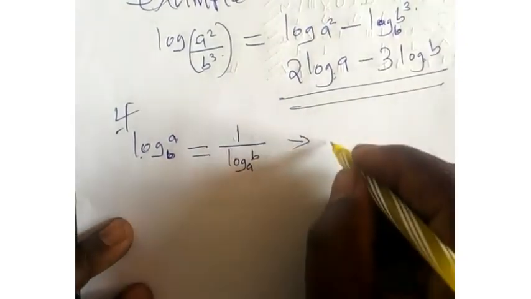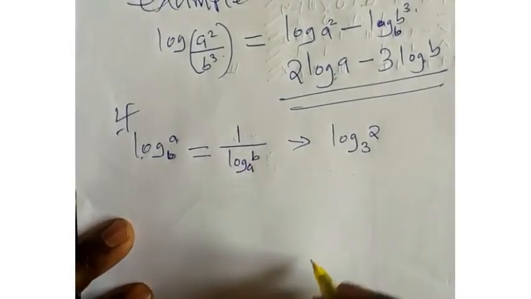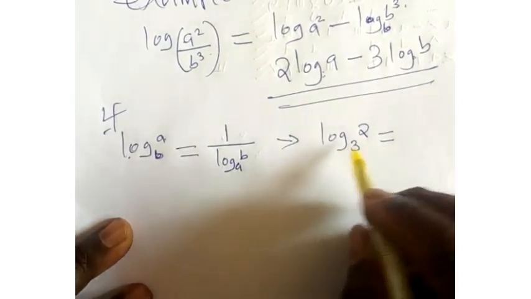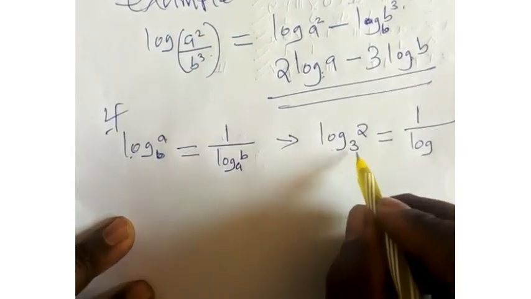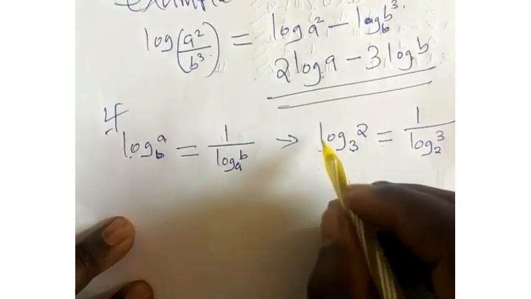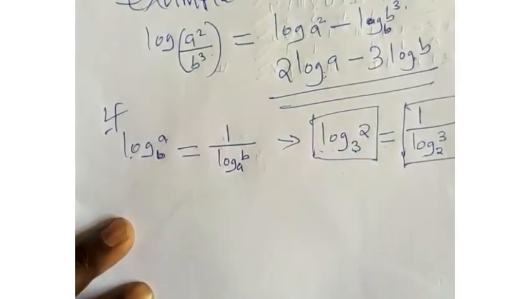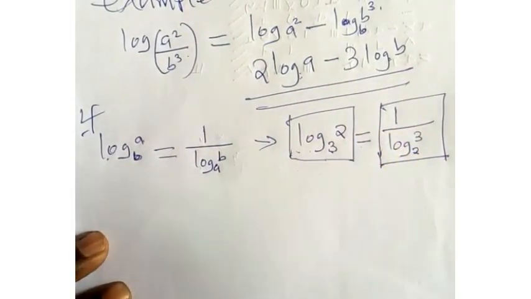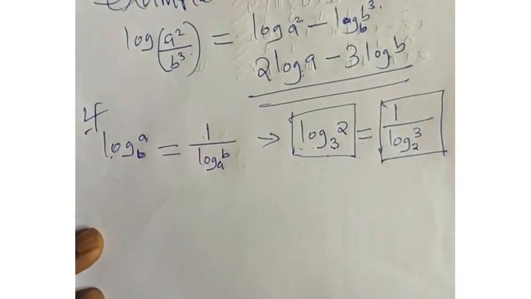If we have log to base 3 of 2, similarly we can write the same thing using this notation: the reciprocal of log, where instead of 3 the base, now we have base 2 and then 3. This one and this one is the same thing. Very important to note, because sometimes you need to know this. There are some problems that need you to understand this so that you can be able to solve them.